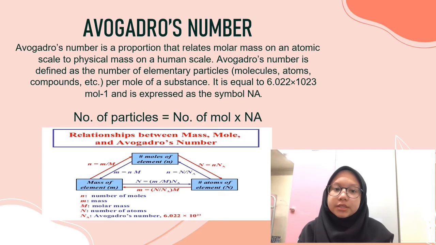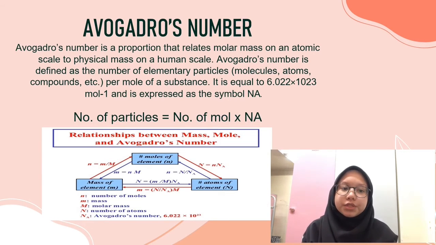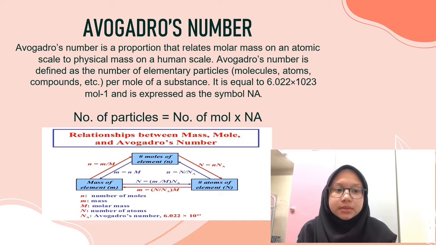It is equal to 6.022 times 10 to the power of 23 per mole and is expressed by the symbol Na. So the number of particles equals number of moles multiplied by Avogadro's number, same as the previous questions. This is the relationship.